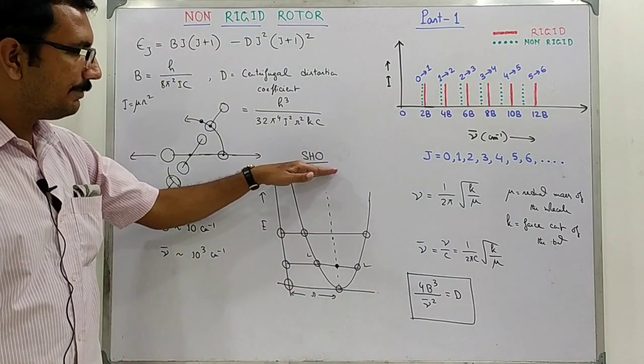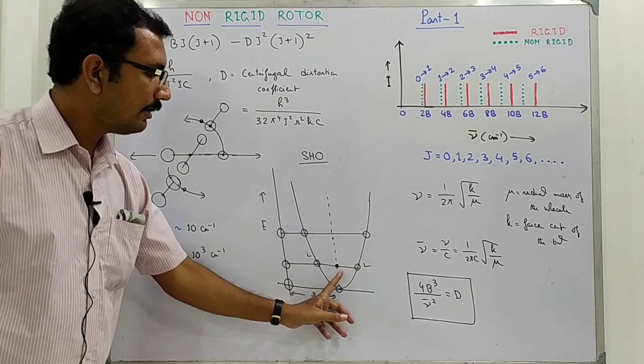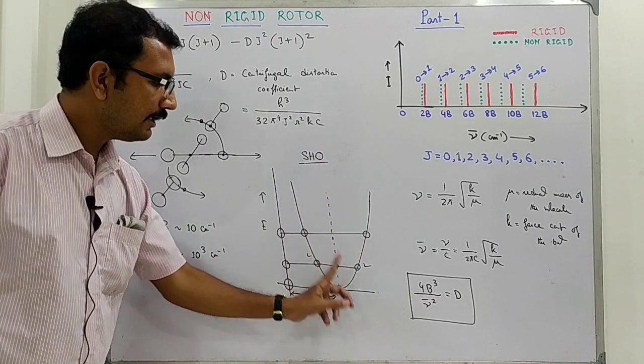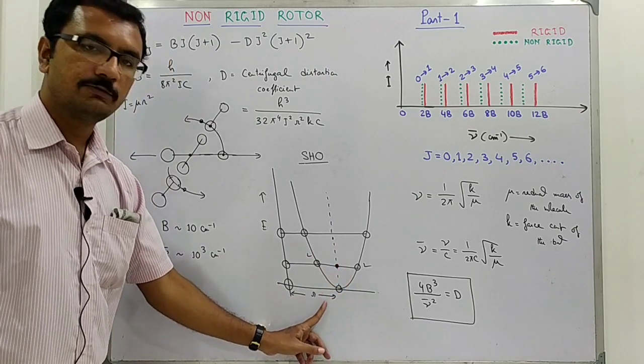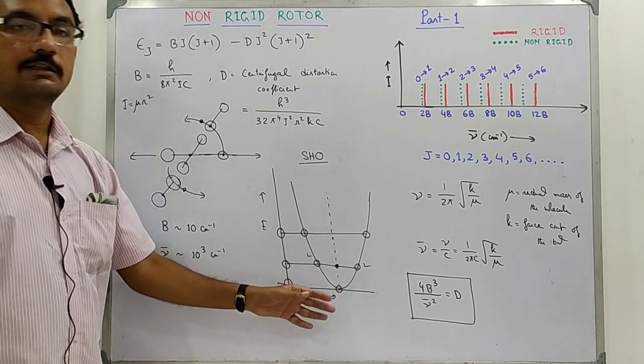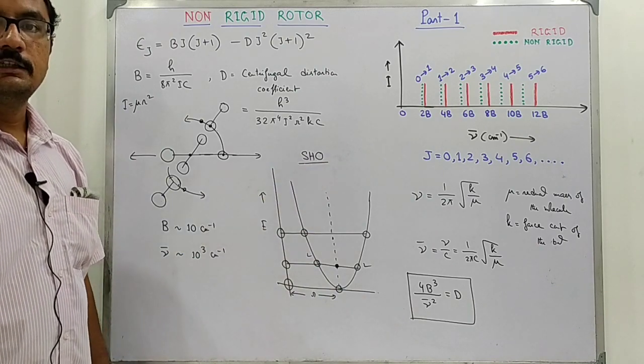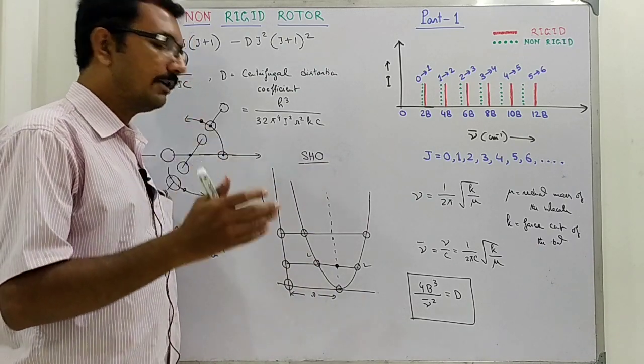If we consider simple harmonic motion, then the extent of stretching is equal to the extent of compression. So, the average will exactly give this value, but in reality molecules are not simple harmonic, they are anharmonic.